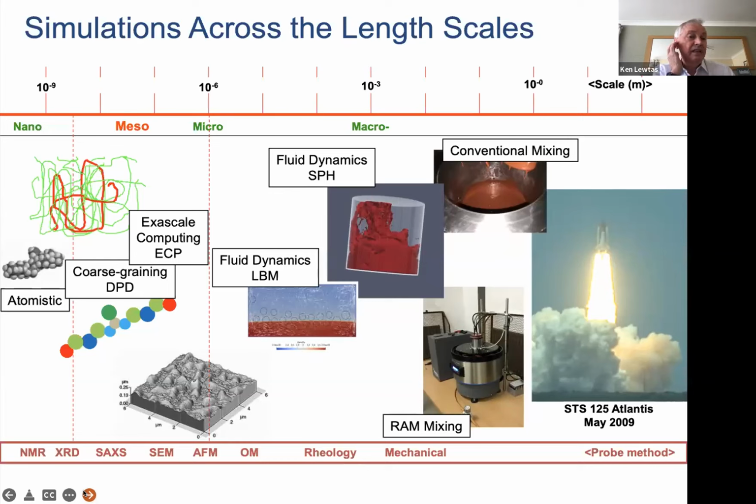We have gone from the complete atomistic level. We've gone up, if you like, atomistically in scale, but we've also used coarse graining. We've done a lot of dissipated particle dynamics on this, and we're getting some really good results.